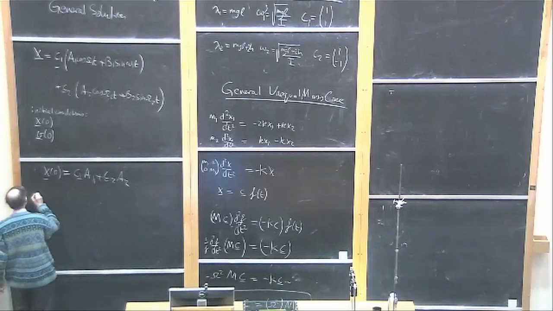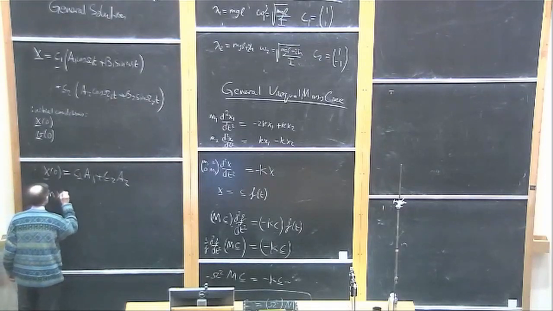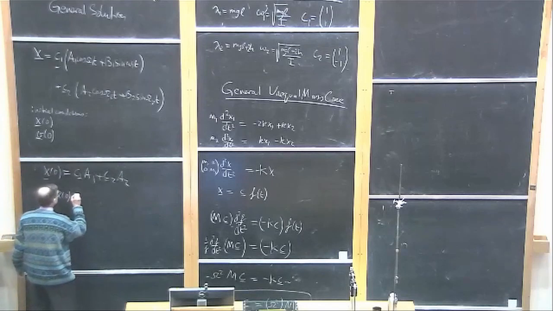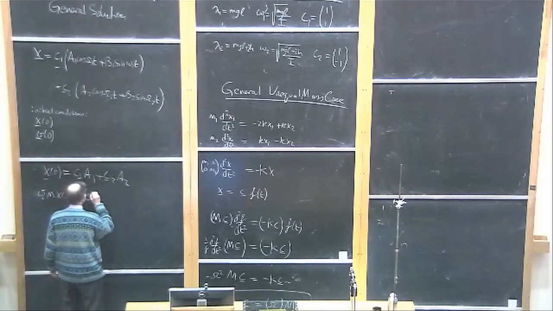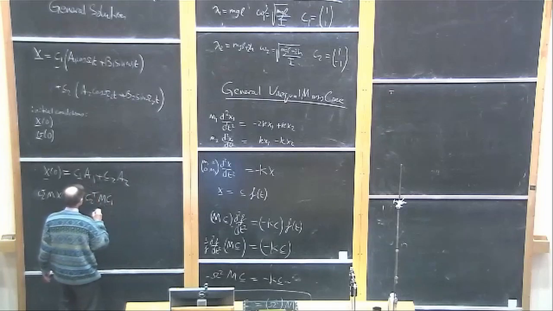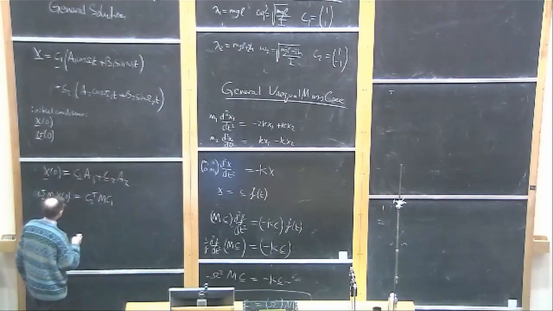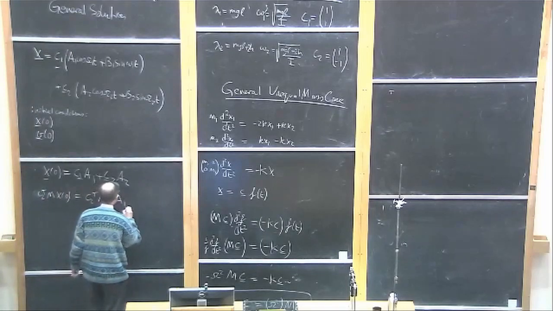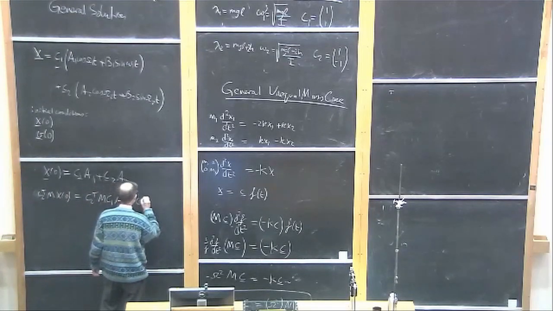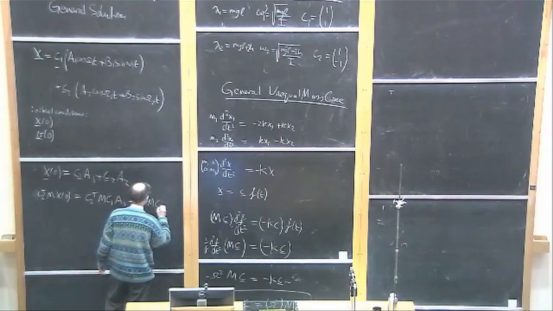So I'm going to multiply on the left by C2 transpose m: x of naught equals C2 transpose m C1 A1 plus C2 transpose M C2 A2.